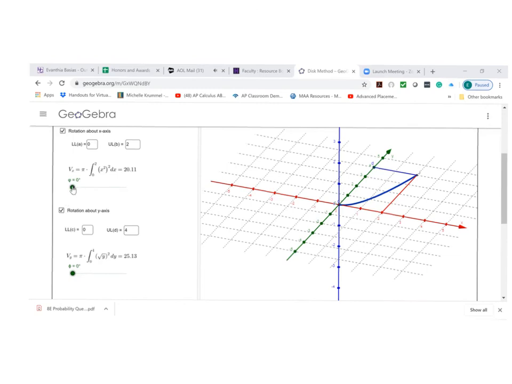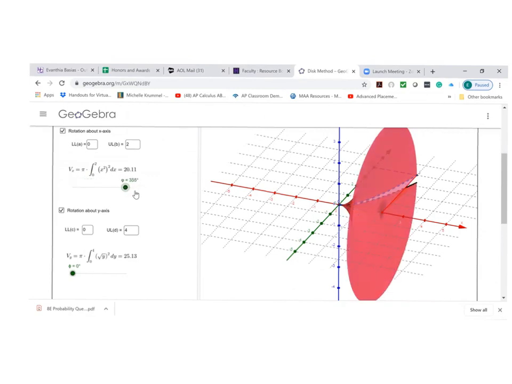But I just wanted to show you what that solid looks like here. When we rotate that area about the x-axis, it looks like a funnel, actually. It's a funnel. And yeah, I thought that was interesting. And here's its approximation, 20.11.